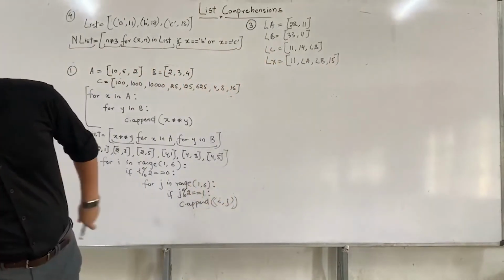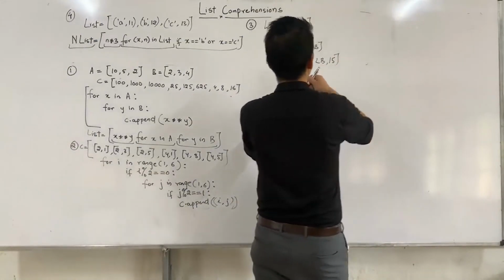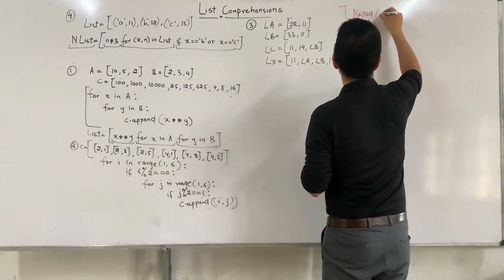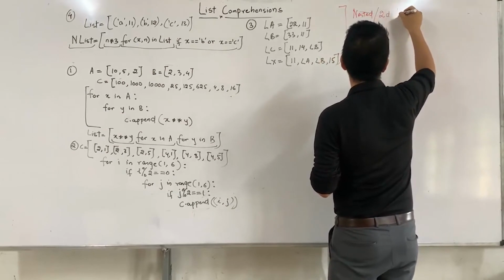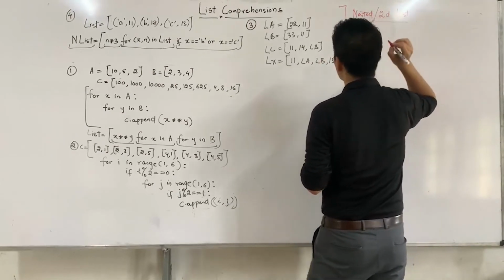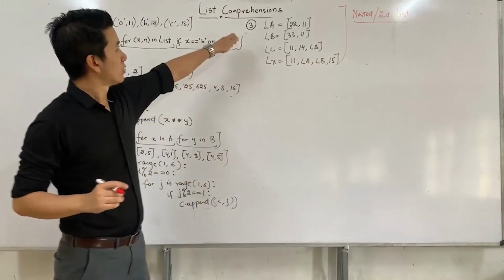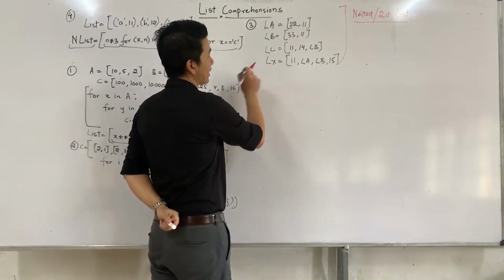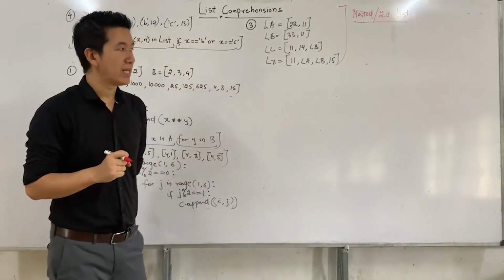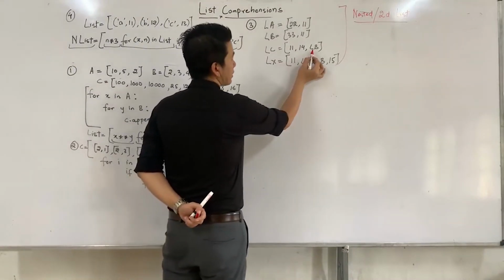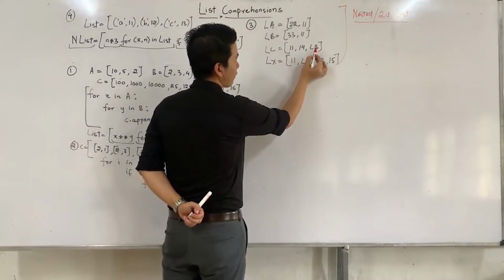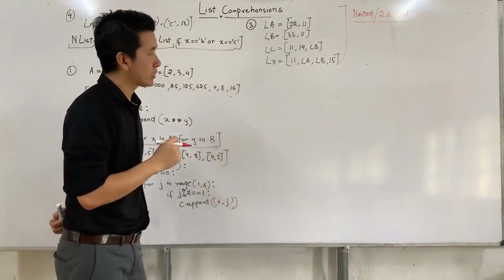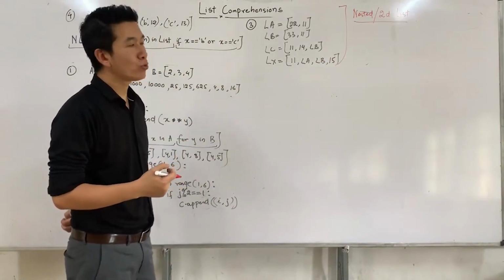Okay, now this is with regard to the nested or 2D list in Python. Okay, so this is not a 2D list as such, but LC and LX are examples of nested list, because this particular element is nothing but a list. So you have a clear case of a list being the element of another list, that's nothing but a nested or 2D list.